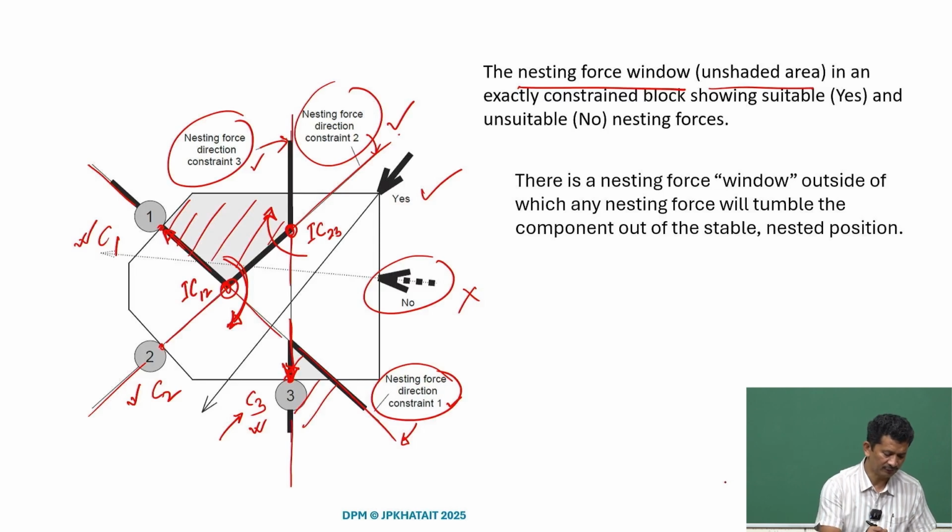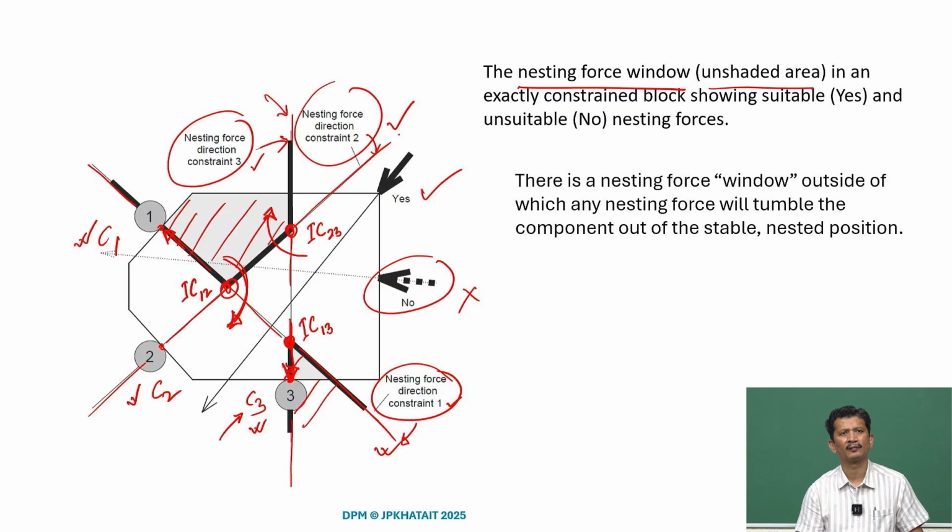Similarly, if we consider C1 and C3, the intersection point is here. C1's direction is this and C3's direction is this. So the intersection point will be here, and we can call it IC 13, or 31, it is the same. If we consider only post 1 and 3, the object can rotate along the axis IC 13.